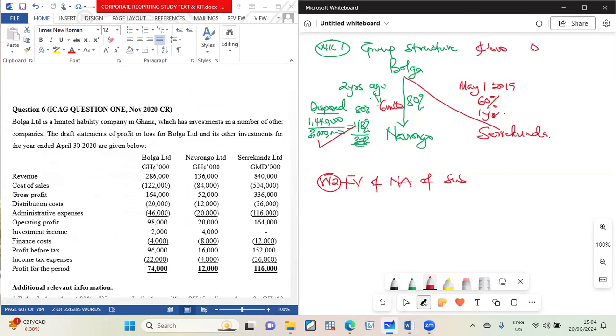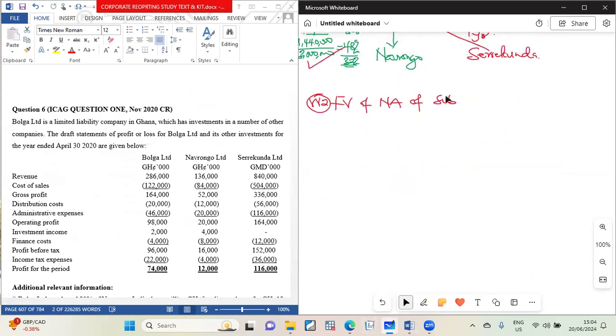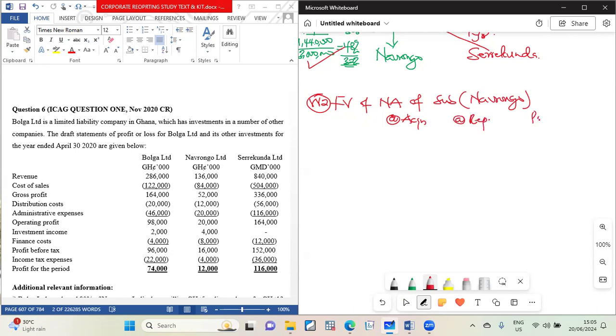All right. And GMD 000. So we have to do fair value of net asset of SAP. And which SAP is this? You have to say Navrongo. And when we finish, we have to do the same for the other. So normally what do we do at acquisition, at reporting, then post acquisition.